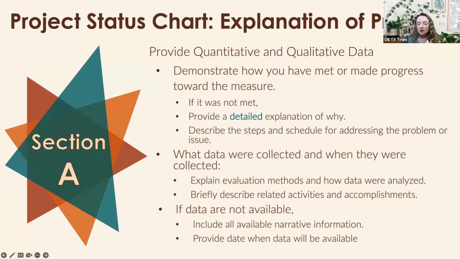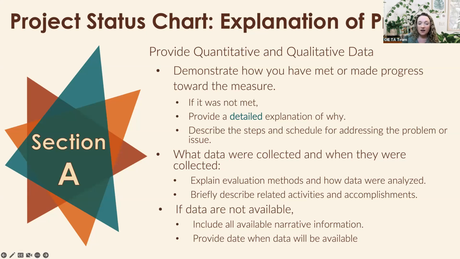If you didn't meet it, why? What are you doing to address that or to try to meet it in the future? Or how are you readdressing it, coming at it in a different way? What data did you collect to even be able to measure this? When did you collect it? How did you analyze and evaluate that? What activities did you do that contributed to this goal? So like I said, even if you don't have data, what are you doing to get the data collected?